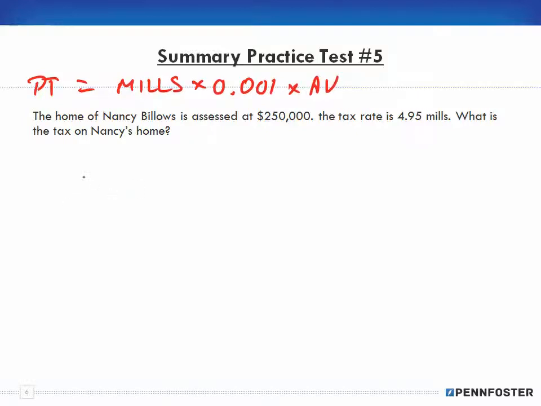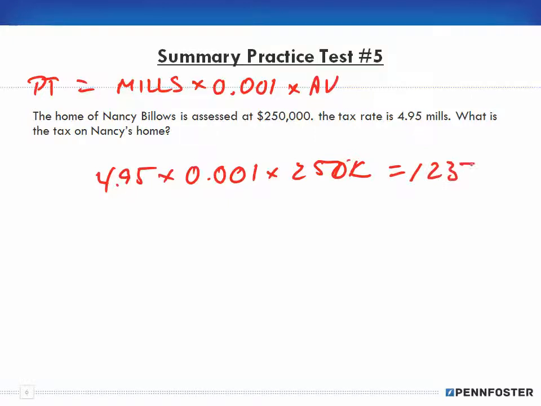Plugging that in, we have 4.95 times 0.001 times 250,000, and that equals 1,237.50. So 1,237.50 is the amount of the property tax.